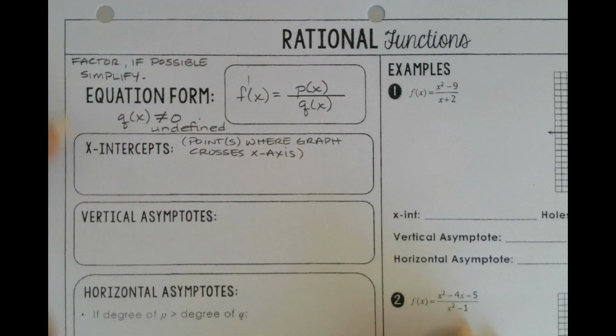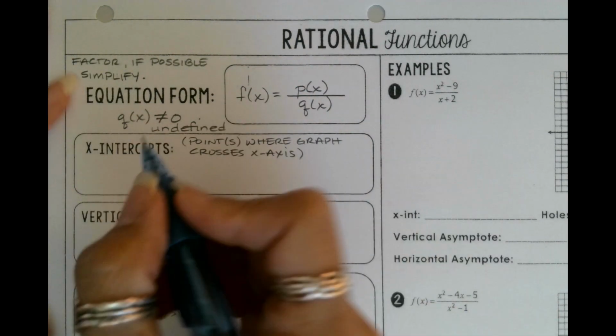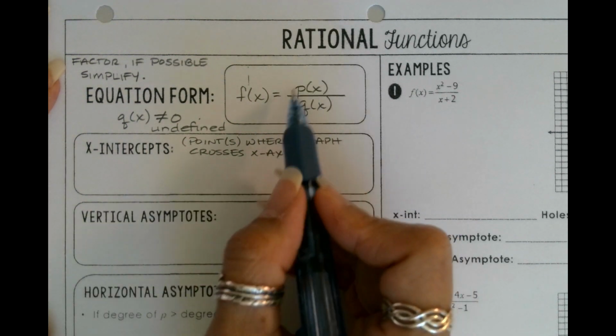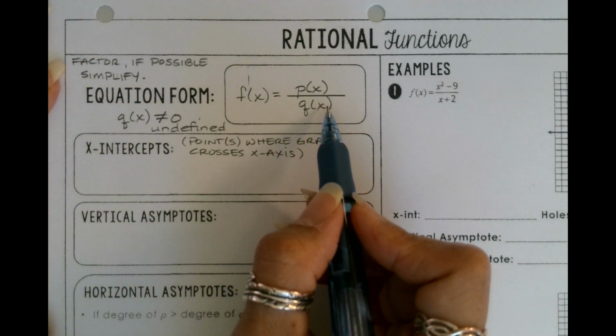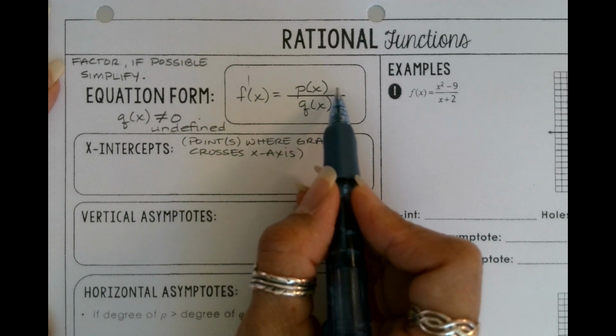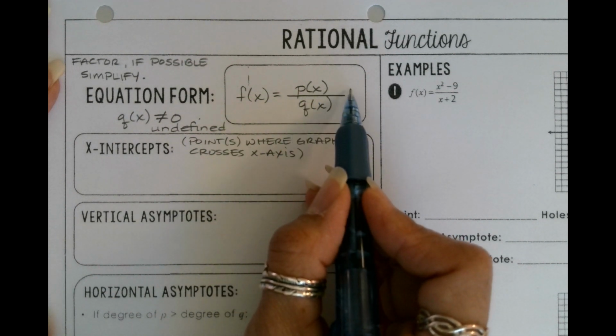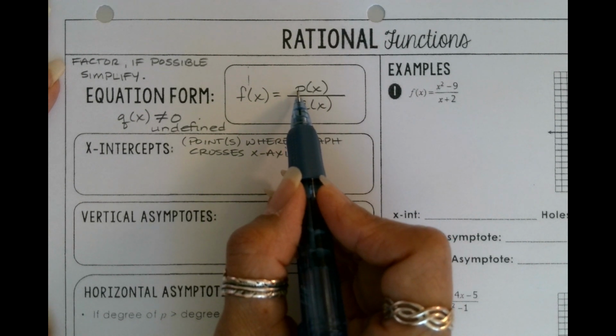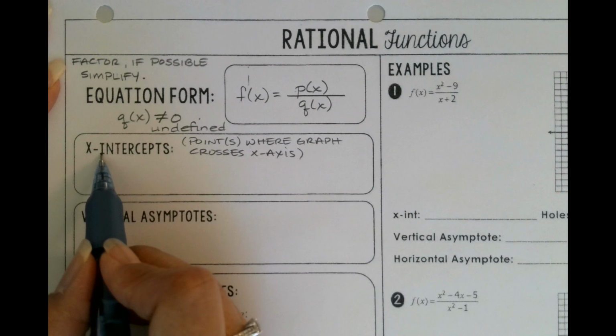Algebraically, how are these found? Well, once you have completely factored this rational function, there will be some remaining factors in the numerator, and those remaining factors are what you are going to focus on when it comes to x-intercepts.